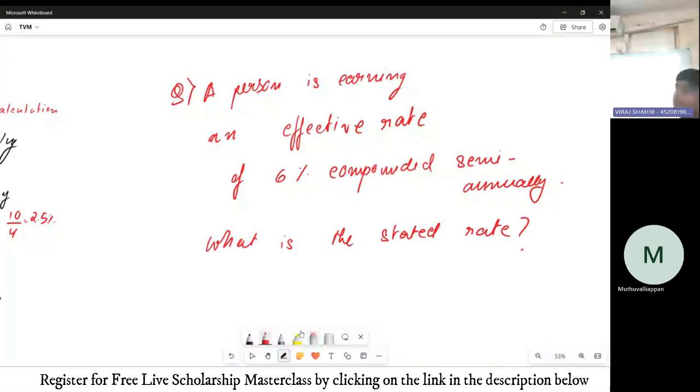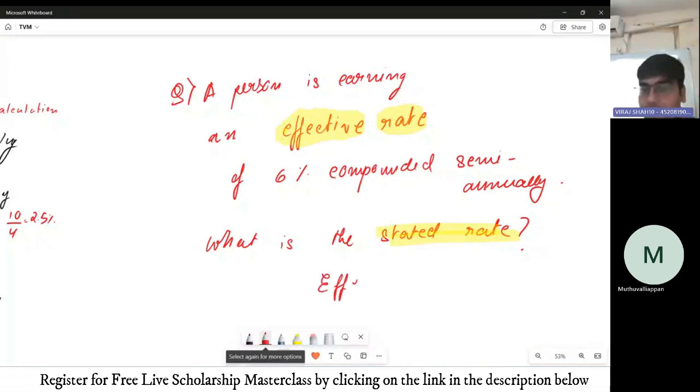So when you are reading the question, be very careful. The interest rate जो आपको दिया हुआ है is the effective rate. It is not the stated rate. What they are asking you is the stated rate. Okay. So what did we do earlier? Effective rate. I will do it with a different color.